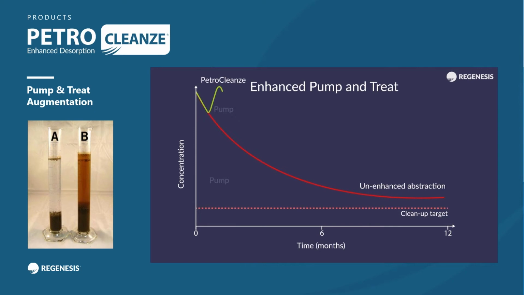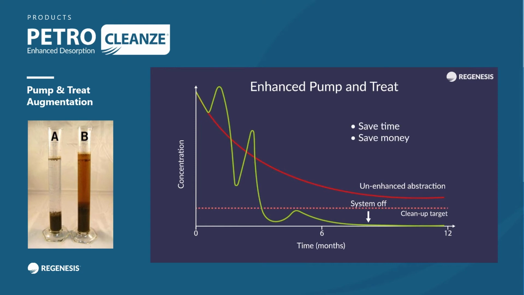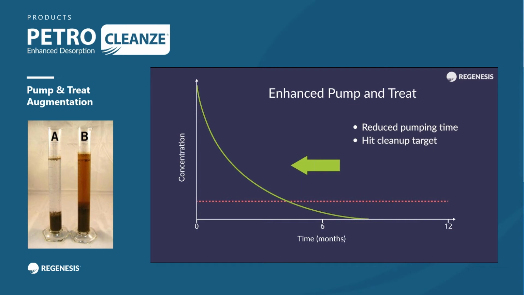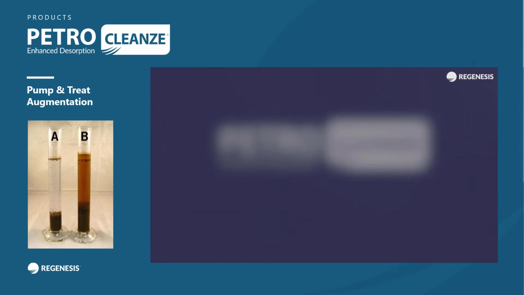You'd have 3 desorption events, each progressively less dramatic, followed by 3 abstraction events. Your final desorption event is likely below your cleanup target, and then you continue to pump, turn the system off, and crucially, what you're not seeing there is rebound from the absorbed phase contamination. So it's a way of ensuring that when you turn the system off and demobilize it, you go back and monitor things and they're not quite as you left them. It's a way of mitigating against that risk.